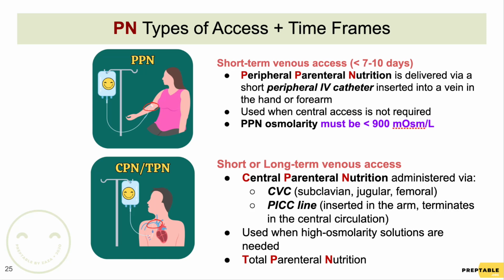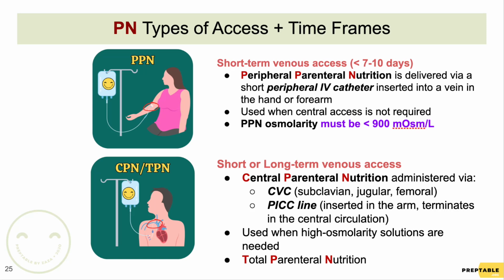Now, in contrast, central parenteral nutrition, or CPN, is appropriate for both short and long-term nutrition support, and it allows delivery of those higher osmolarity solutions, including the full nutritional requirements. CPN requires that the catheter tip be placed into a central vein with high blood flow. So typically, we'd be looking at the subclavian vein, the internal jugular vein, or the femoral vein.